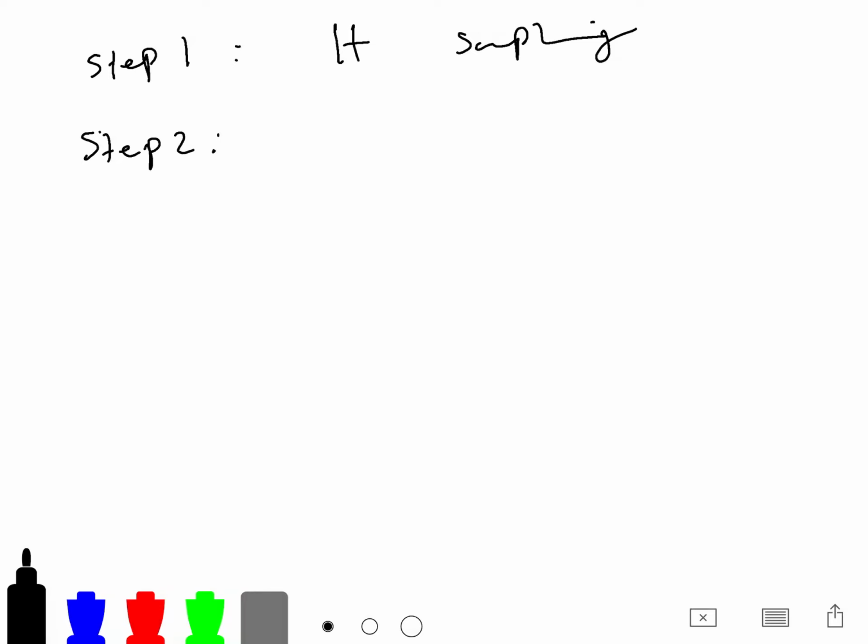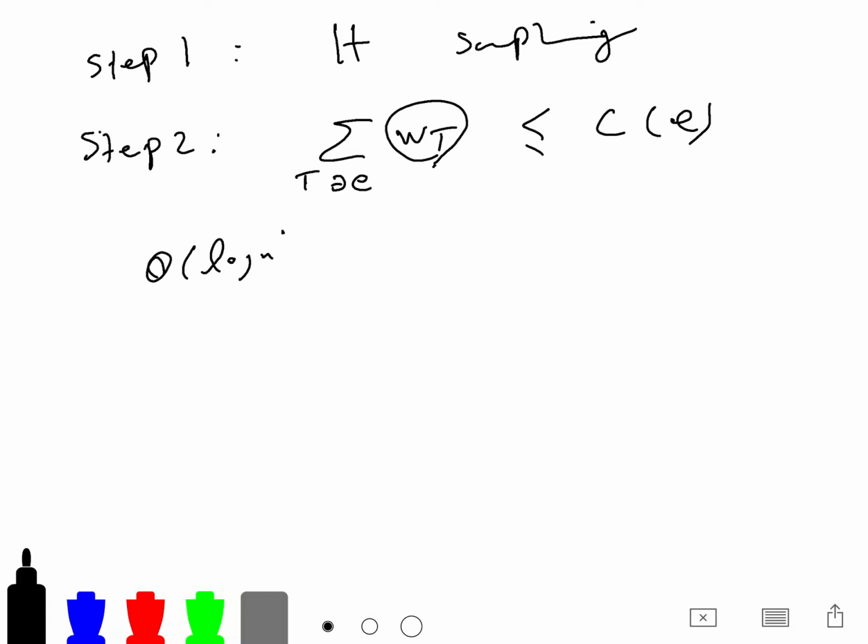For example, the weight of the trees containing edge e, where that edge belongs to the tree, is upper bounded by the capacity of that edge. If we sample just O of log n of the trees from the weighted packing, a minimum cut in G two-respects at least one of those sampled trees with very high probability.